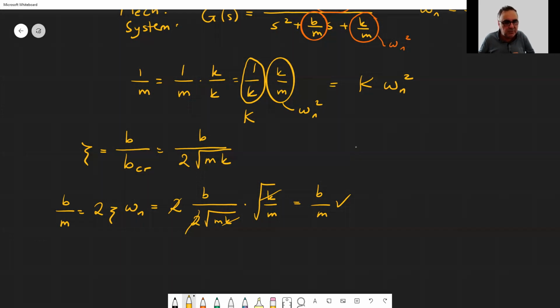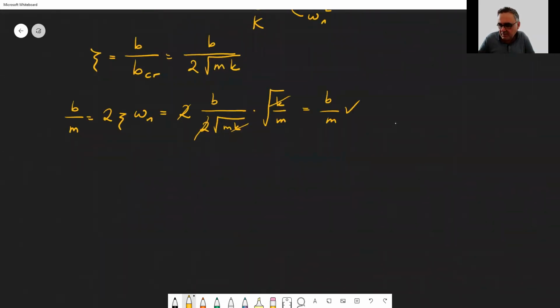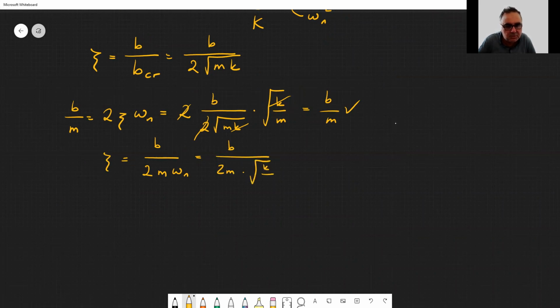Zeta is therefore b over 2 m omega n, which is b over 2m times omega n, which is root k over m, so b over 2 root mk, as you know. So this checks again. So everything is okay.